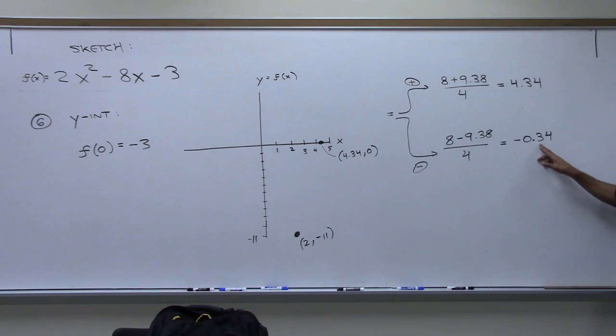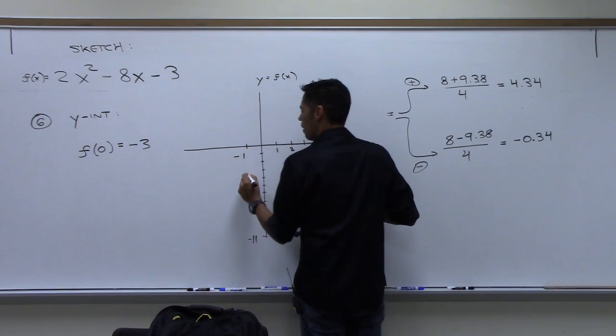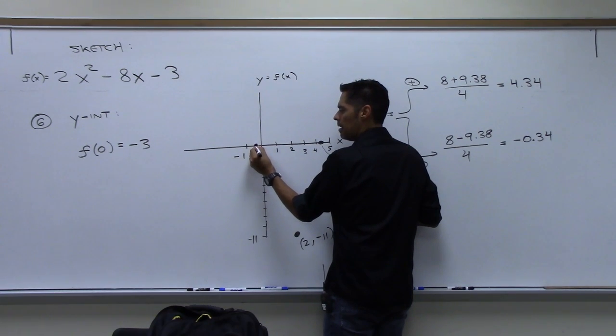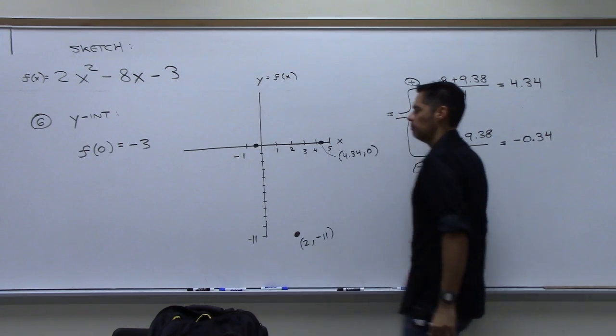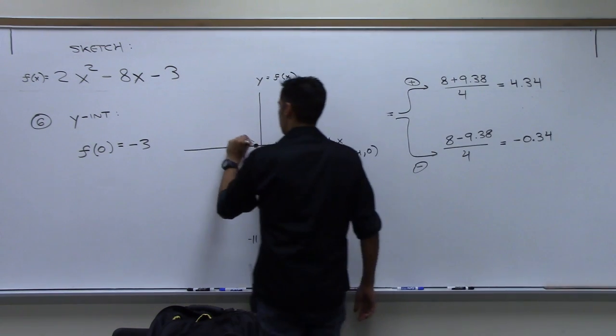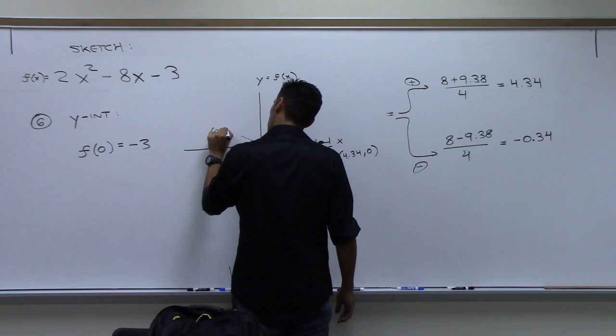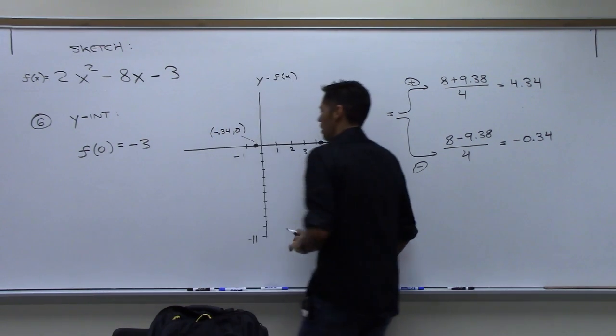The other x-intercept is at -0.34. So here's -1. -0.34, I'm thinking, is right about here. And it's -0.34, 0.